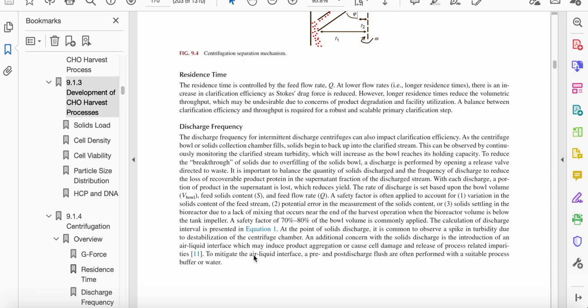The discharge frequency should also be optimized to reduce the loss of recoverable product protein in the supernatant fraction of the discharge stream. With each discharge, a portion of product in the supernatant is lost, which reduces yield.